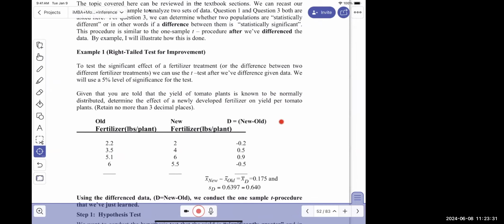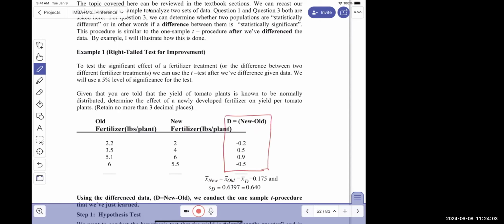So this is like a new distribution, this idea of difference. What am I doing here? So here is my old data with the old fertilizer. Here's my new data with the new fertilizer. And I want to see if there's been an improvement. To test for an improvement, I am able to subtract the old fertilizer results from the new ones and create like a new data set. So this is my new data set.